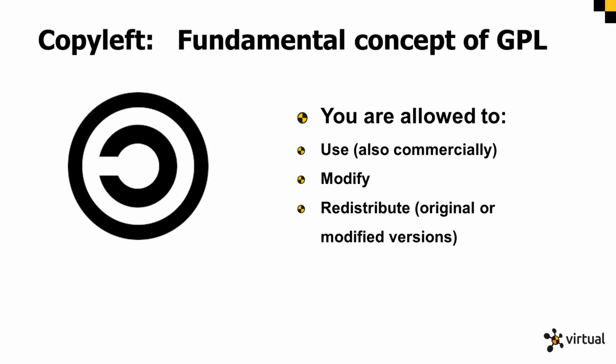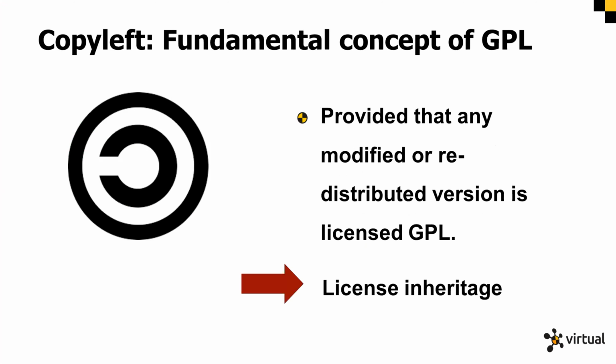You can publish it on the internet, that's all allowed, provided that any modified or redistributed version is again licensed GPL. That means the copyleft principle basically implies the same license for any modified version of that content until the end of time. So any offspring of GPL licensed content will always be licensed GPL.